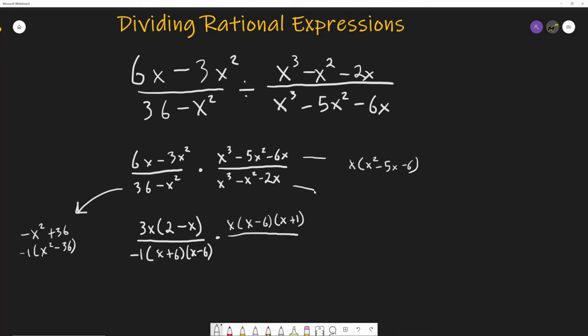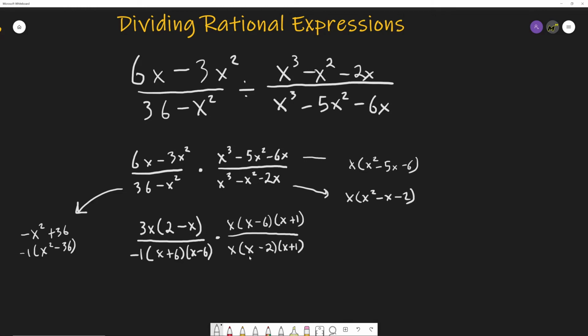And let's look at the denominator there. Again, the GCF would be x, leaving you with x squared minus x minus 2. And what multiplies to negative 2 and adds up to negative 1? That's going to be x minus 2 and x plus 1.